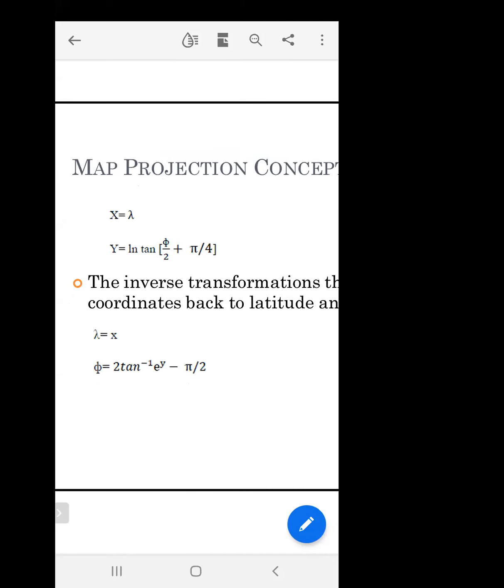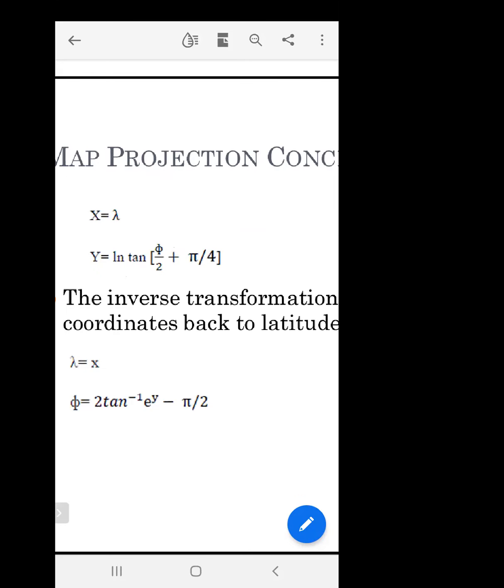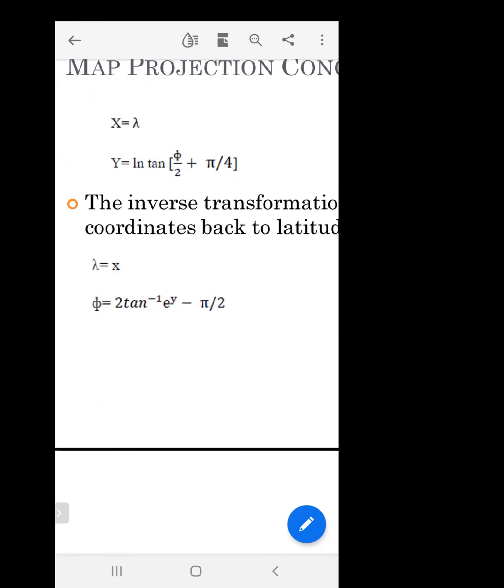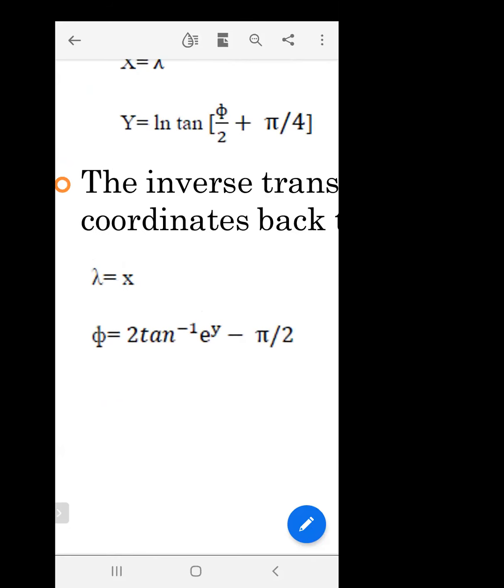You can also do the reverse, or the inverse transformation, where you want to get the longitude and latitude from the X and Y. It should be possible, but you should have known the kind of formula that was used up here. Then you know how to reverse it down here. So here, X is being given to longitude, and then phi is not really as simple as this.